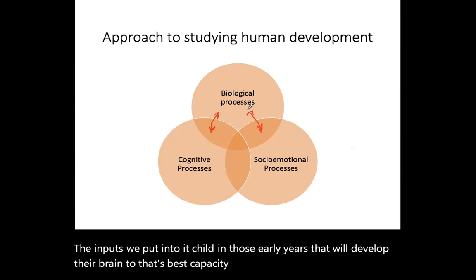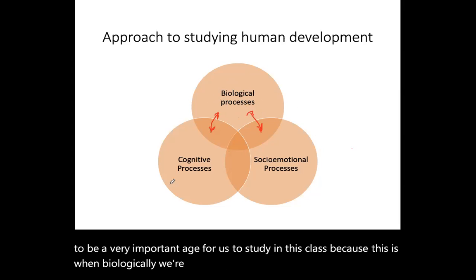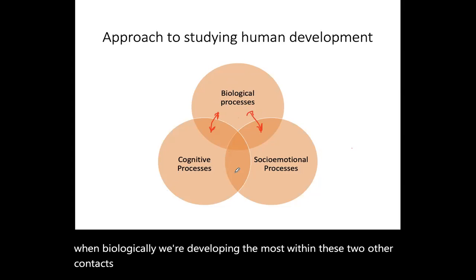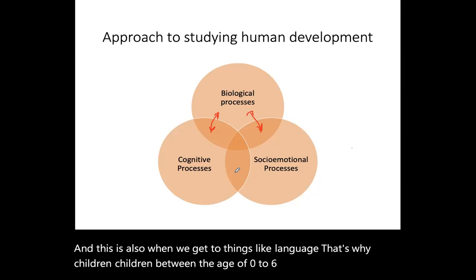So we can see 0 to 6 is going to be a very important age for us to study in this class, because this is when biologically we're developing the most within these two other contexts, okay? And this is also when we get to things like language. That's why children between the age of 0 to 6 can learn language so well.